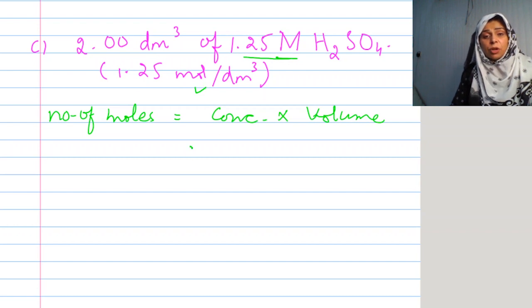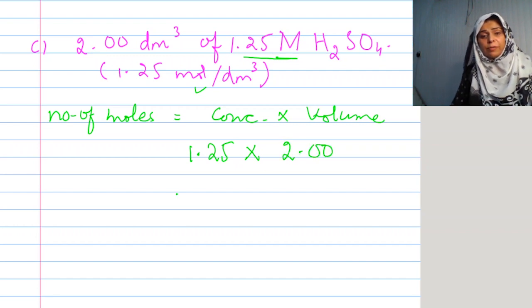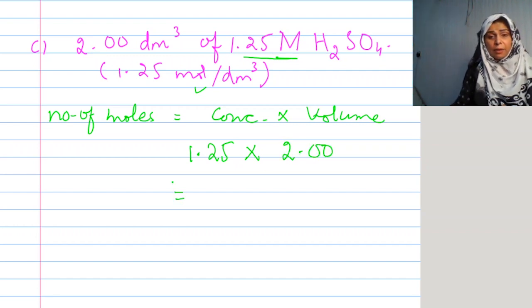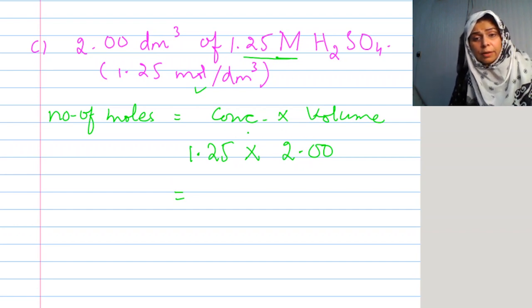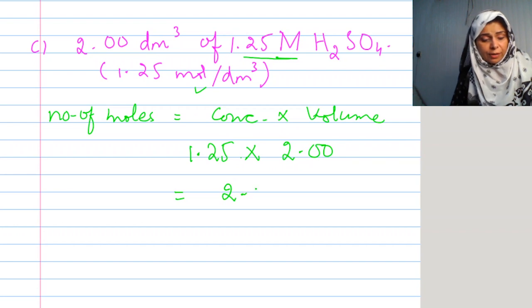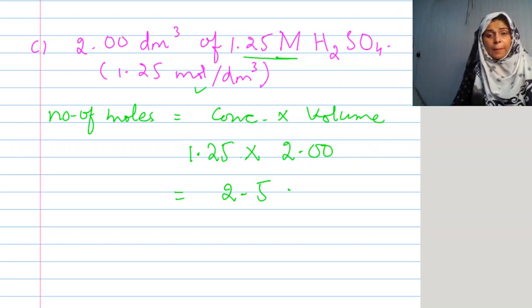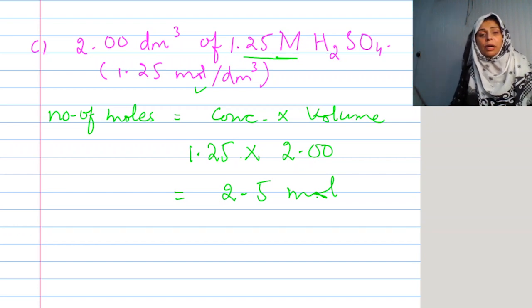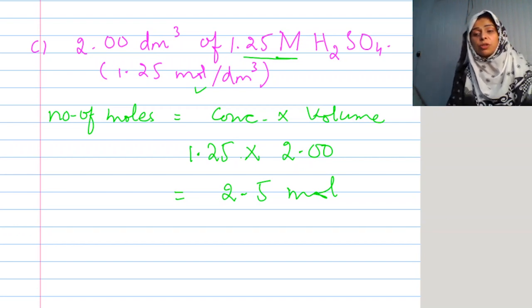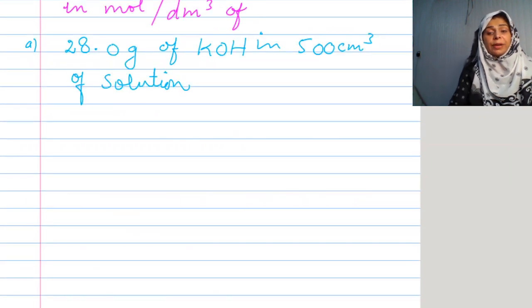So we write 1.25 as the concentration, and volume is already in decimeter cube, so we directly put the value and multiply 1.25 by 2.00, and the answer will be 2.5 mole. This is the way you apply the formula: moles is equal to concentration into volume, and volume will be in decimeter cube.